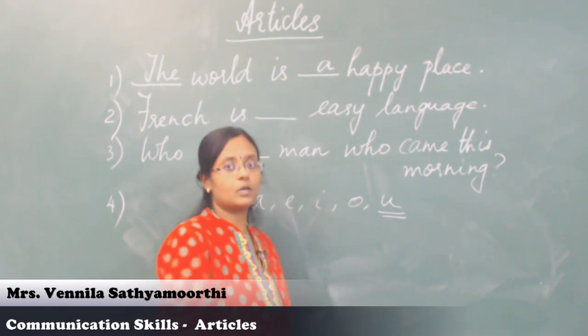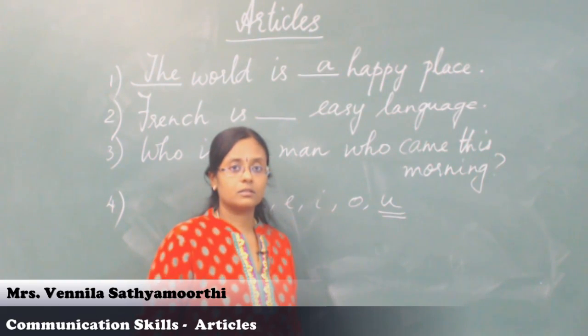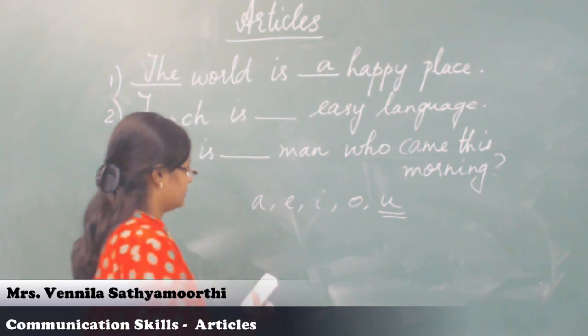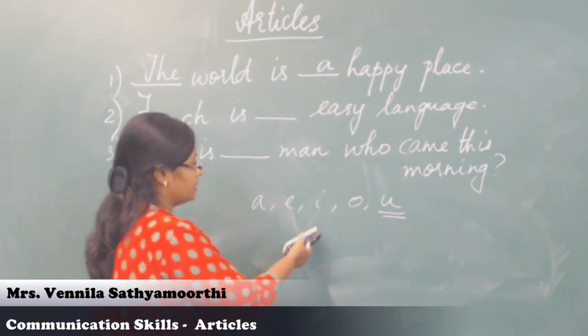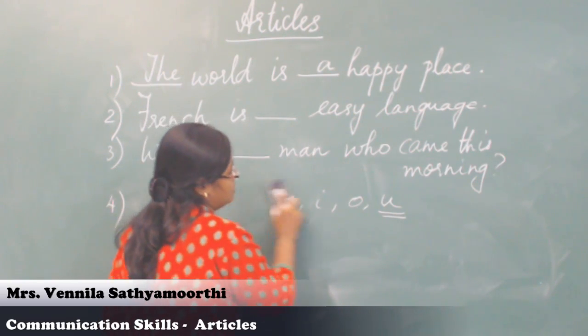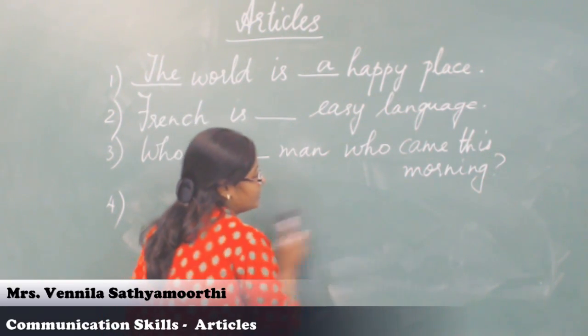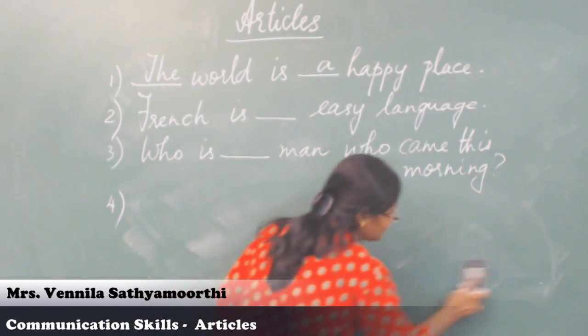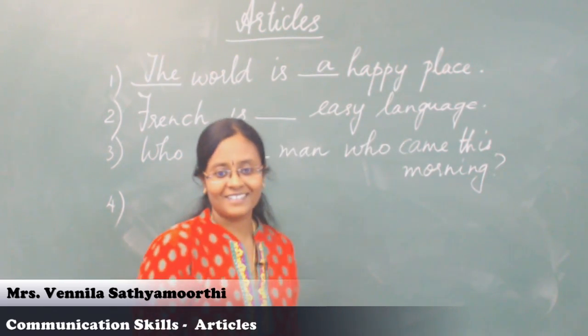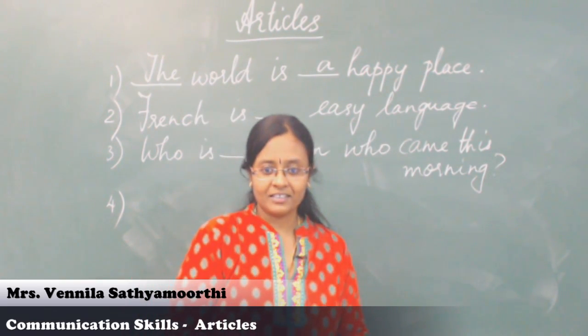All the other sounds are consonant sounds. It's A, E, O. These sounds are vowel sounds. The rest of the sounds are consonant sounds. Isn't that very easy? That's okay.